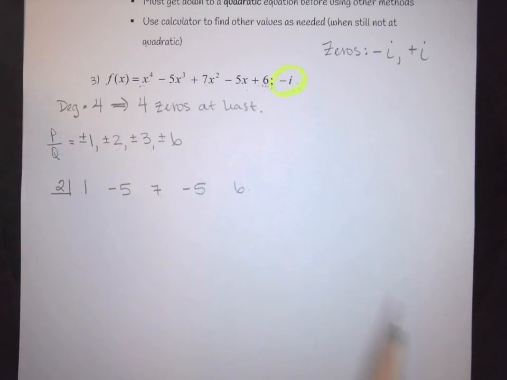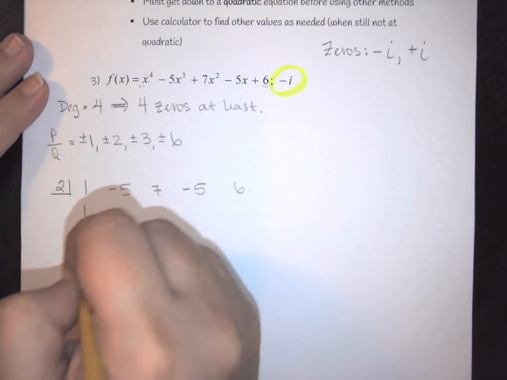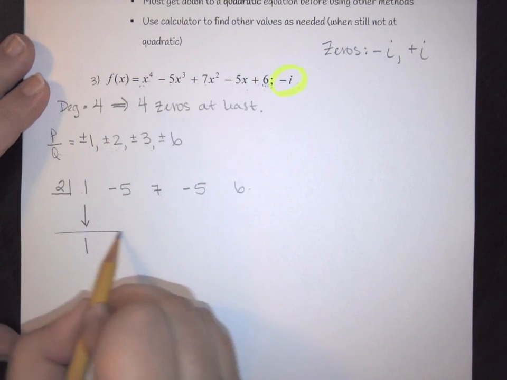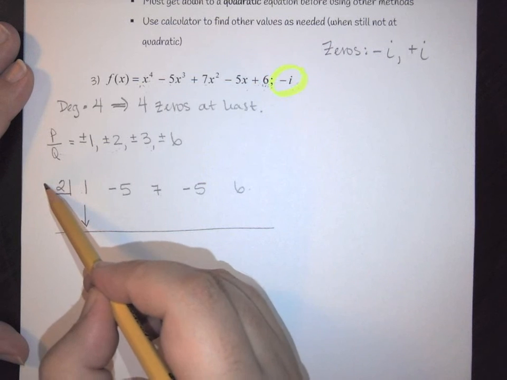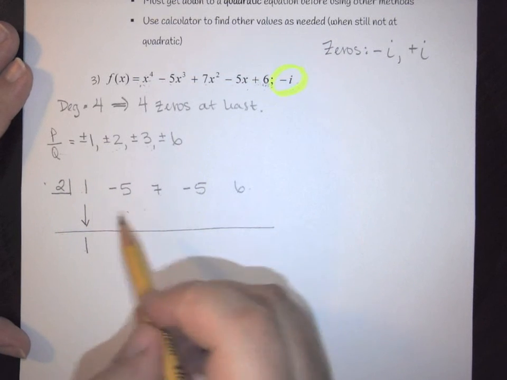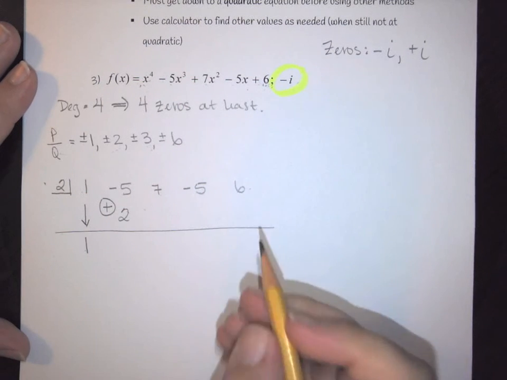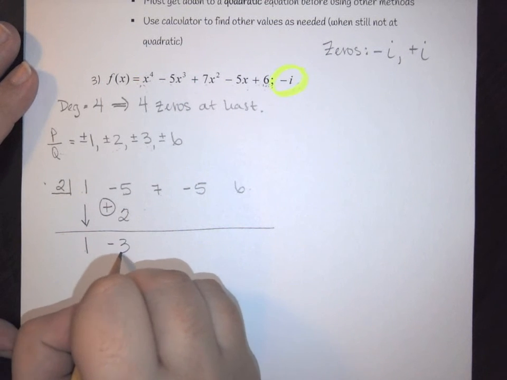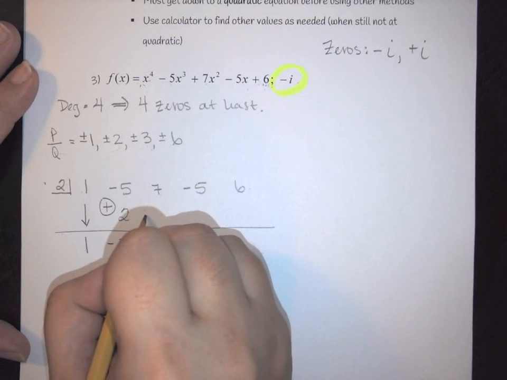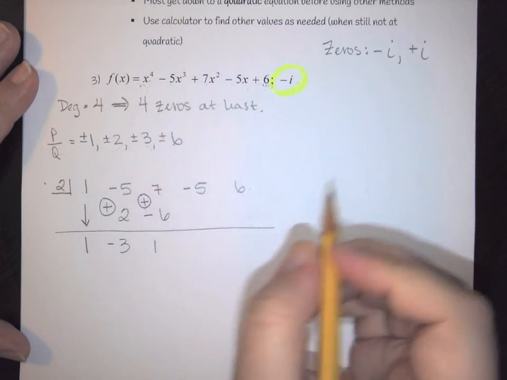You're counting your powers down: 4, 3, 2, 1, 0. And then synthetic division says you bring down your first term, and then you take the bottom times the box and it goes underneath the next term. So 2 times 1 is 2, and then you add them together. So negative 5 plus 2 is negative 3. 2 times negative 3 is negative 6, and we add them together, which gives you 1.